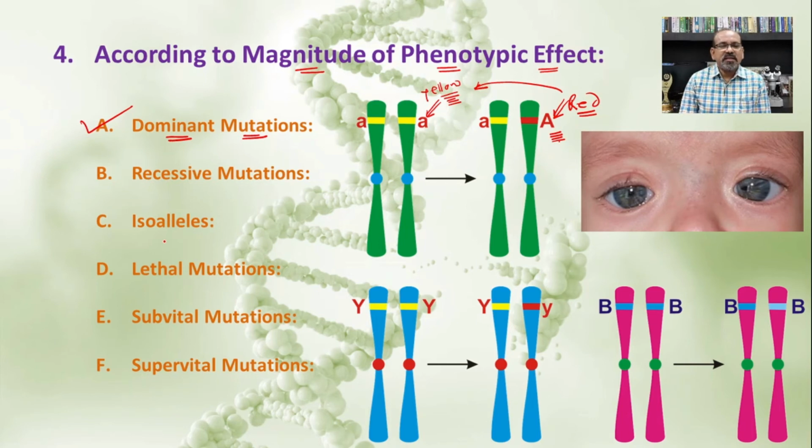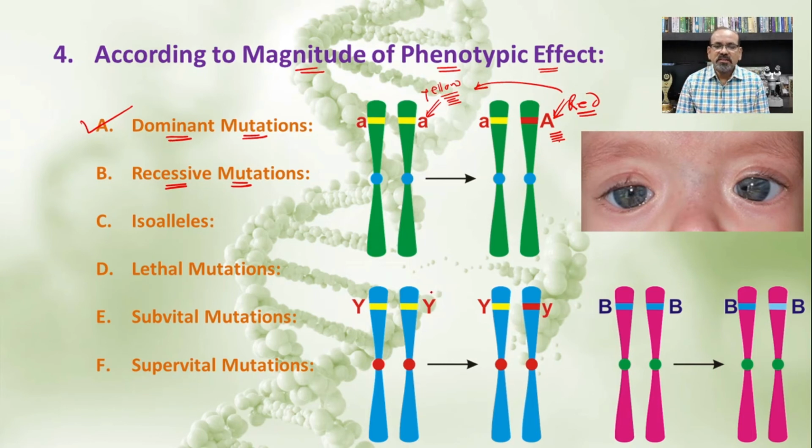But in certain cases, for example the recessive mutations, there will not be any adverse effect of the recessive mutation, as recessive genes express themselves only in the homozygous condition.